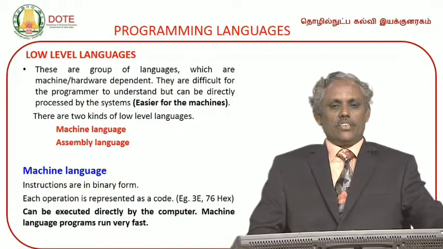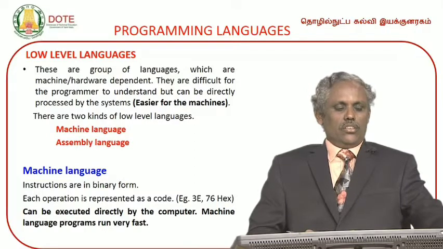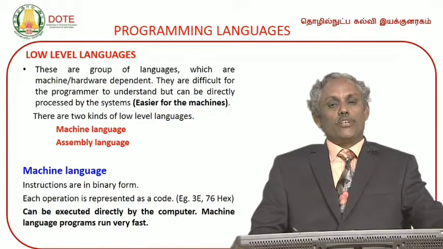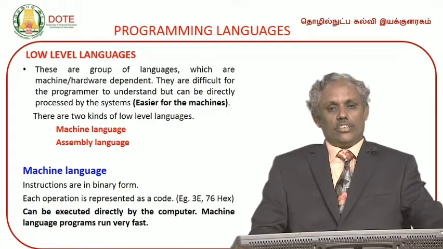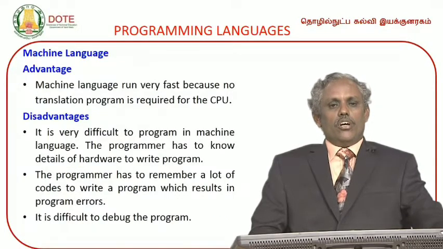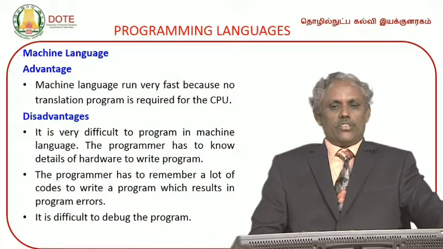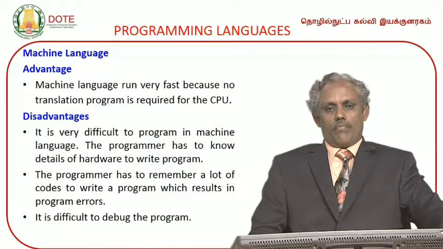So, machine language is the binary form language. It is a final instruction for the machine. So, all other languages must be translated into this language. These languages are very fast because there is no need to translate the program.